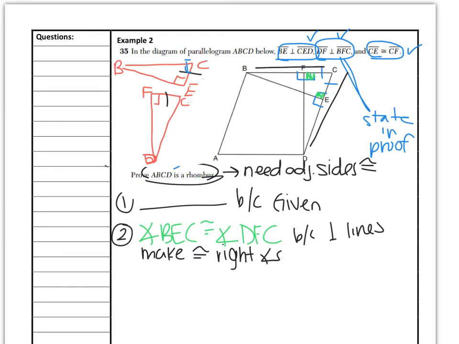Notice that angle C in both of these is in the same position, and the entire angle is in both triangles. So that would actually allow us to say that angle C is congruent to angle C. And recall that whenever you say something's congruent to itself, it's because of something called the reflexive property.